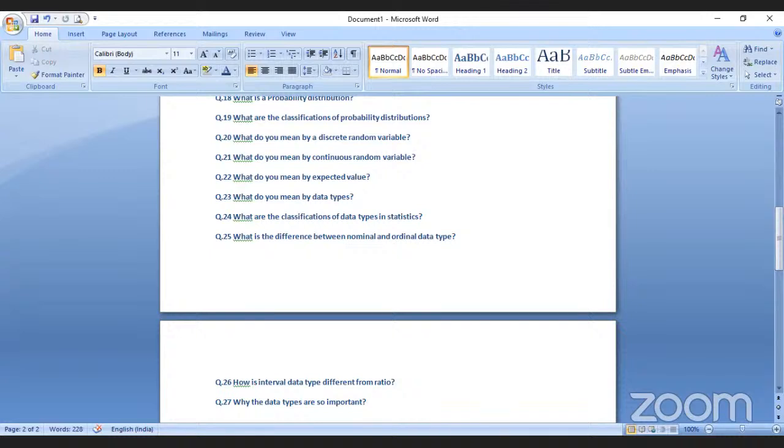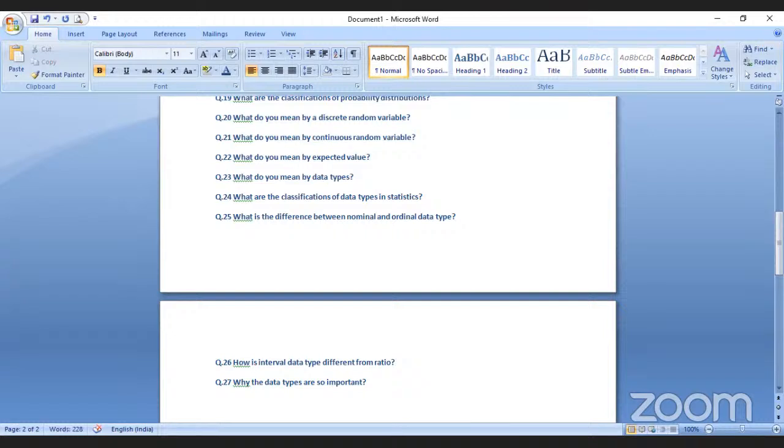Correct identification of data types leads to the correct modeling and correct solution. If we don't identify the data type correctly, then we can't do the proper modeling and get the correct solution to the problem. So data types are very important.